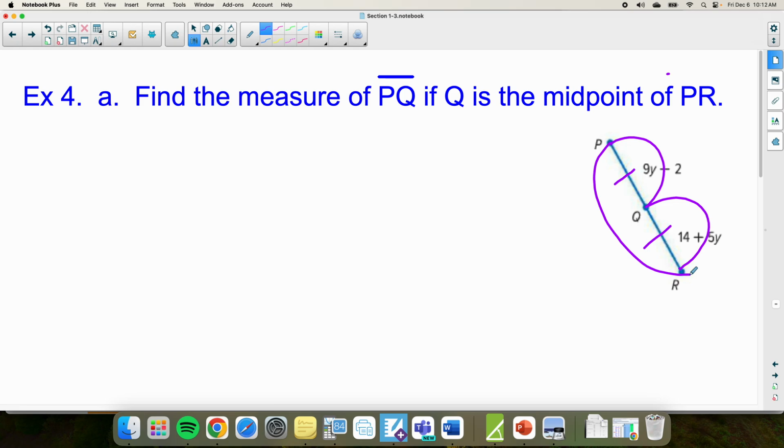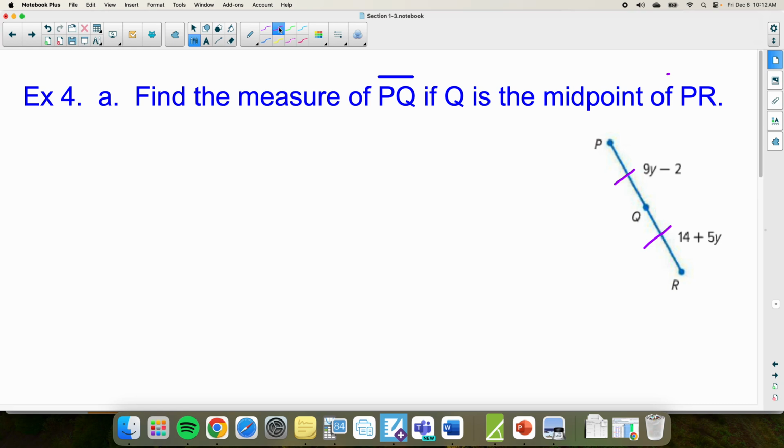We only know 2 of those 3 things. They both have a variable, so we can't do that one this way. Why we can do this one differently is because in this one, we have a midpoint, okay? What does it mean for it to be a midpoint? It's exactly in the middle.